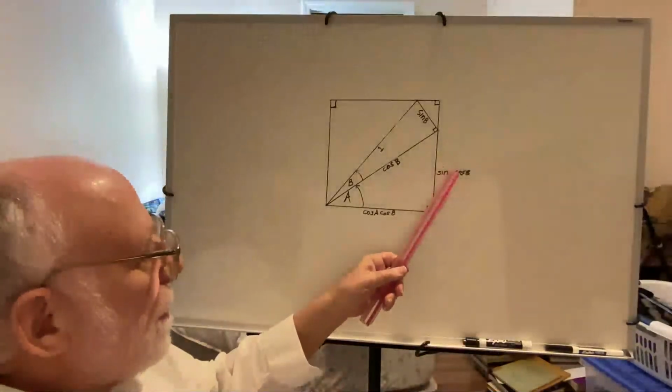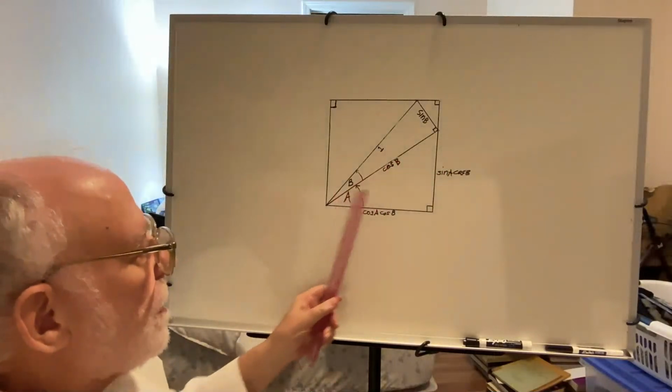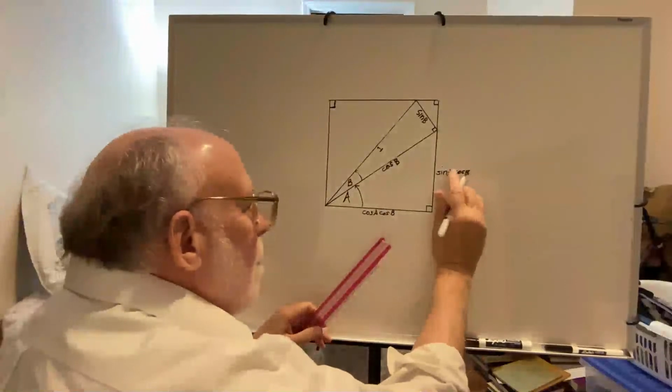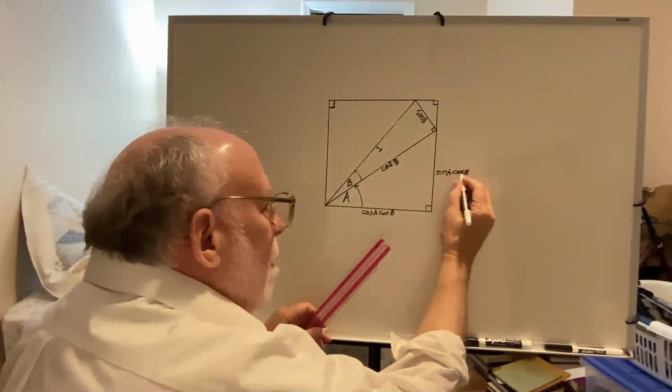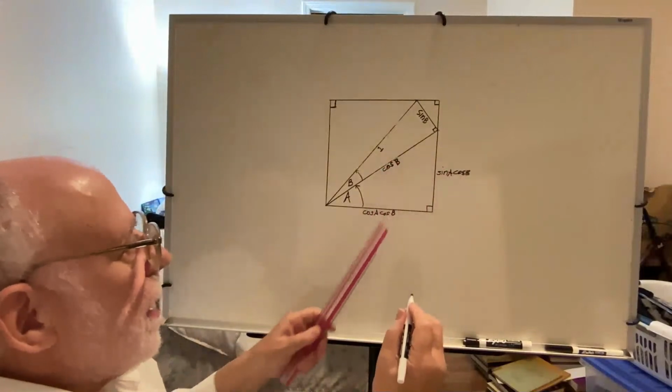Because opposite A over hypotenuse has to be the sine of A. And these cosine B's are going to be canceling.